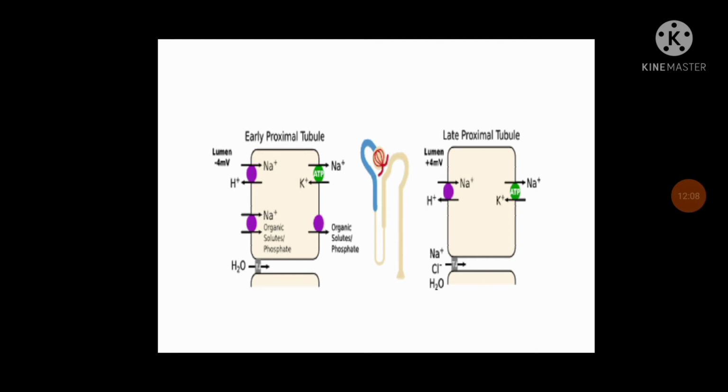Here only the active transport of H plus ion with absorption of sodium occurs. Otherwise, sodium is reabsorbed by the paracellular pathway, so sodium moves along with chloride and water.